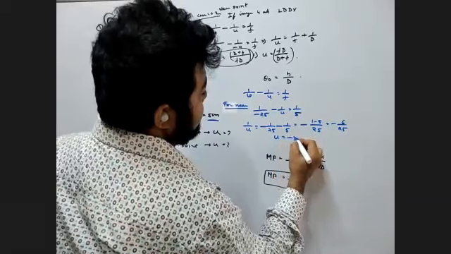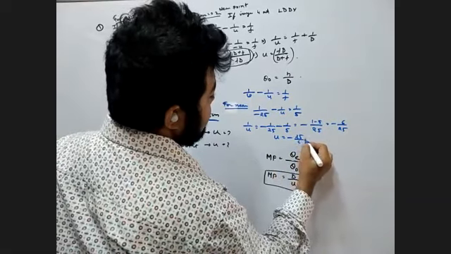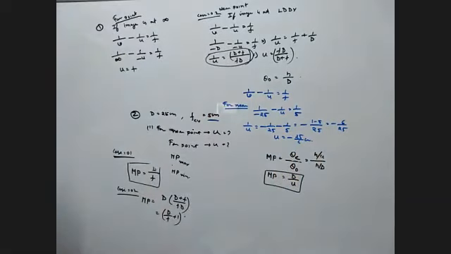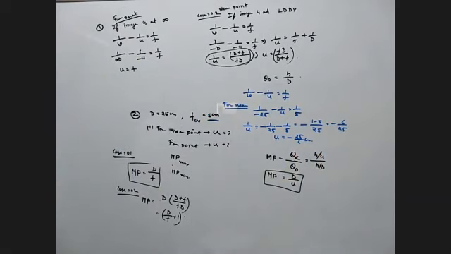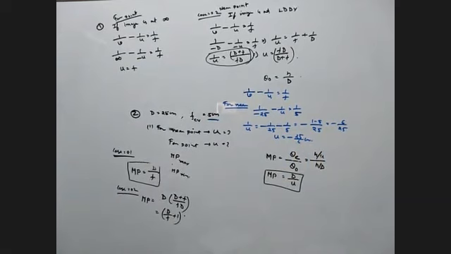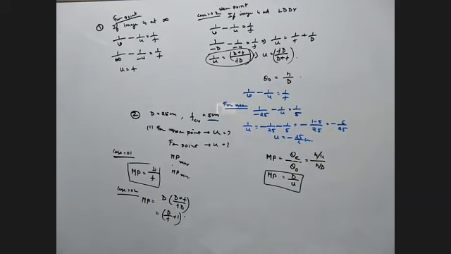So U is minus 25 by 6 centimeter. Obviously negative. What do you mean by negative? In front of the lens. Yes or no? Tell me. Yes, sir.